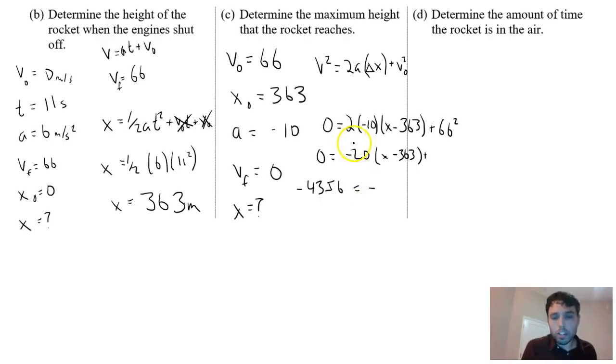Equals negative... I'm going to distribute the -20 now. The -20x plus, because -20 times -363 is positive, that's 7260.